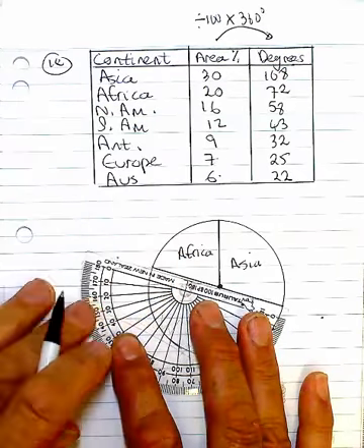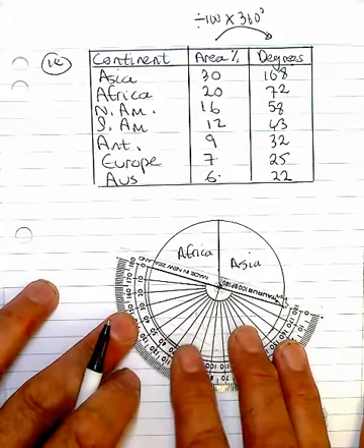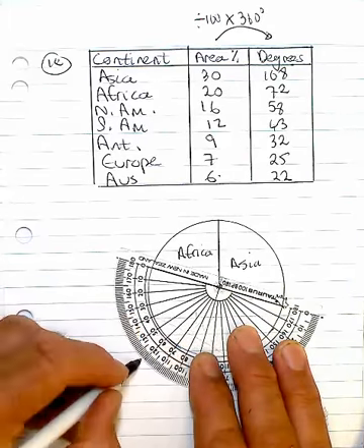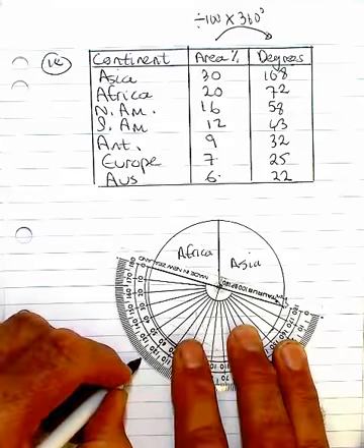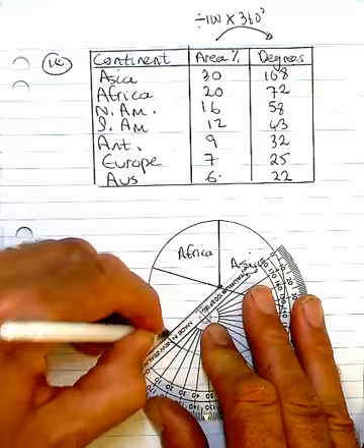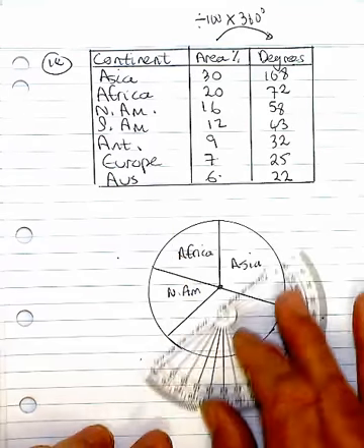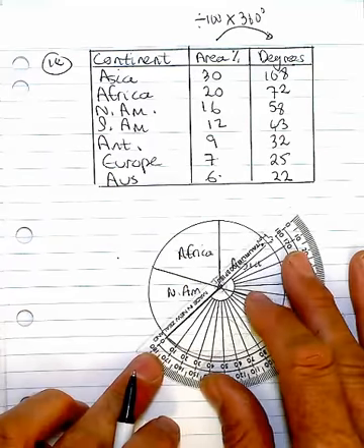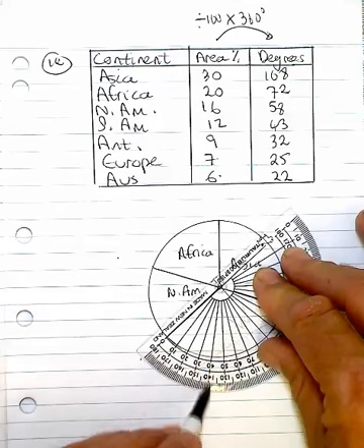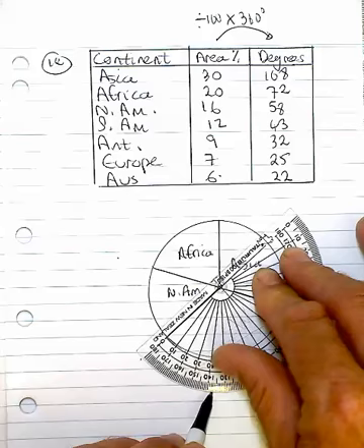Now I'm going to continue in the same vein and put in the other continents. So you can see I'm continuing around the circle, using the inner circle here through to about 43 degrees.